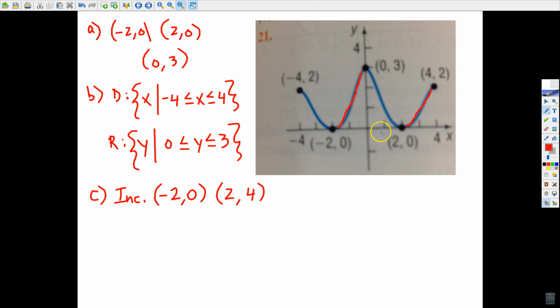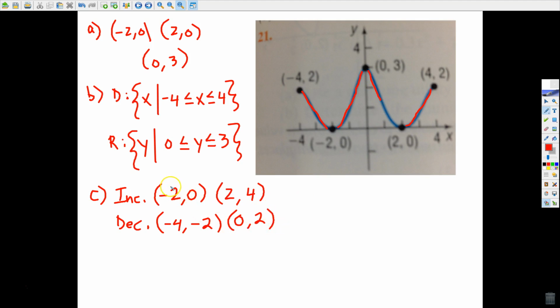Okay, and now let's take a look at where it's decreasing. Well, obviously you can probably tell it's decreasing in this interval from -4 to -2. And it's also decreasing in the interval from 0 to 2.